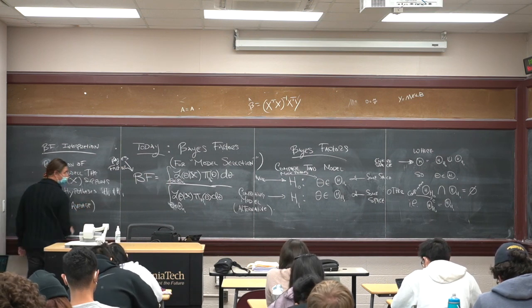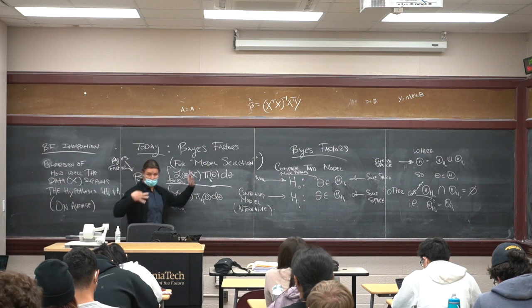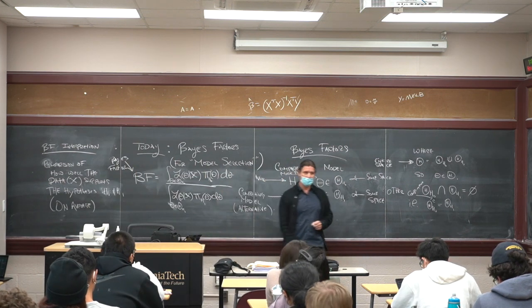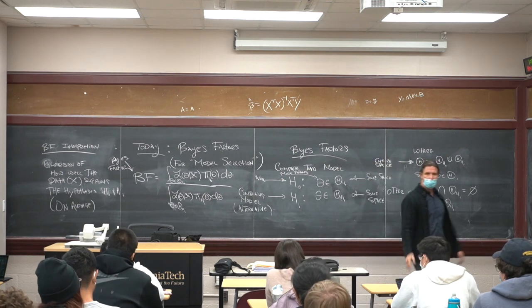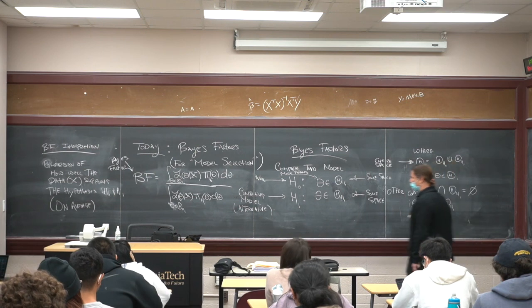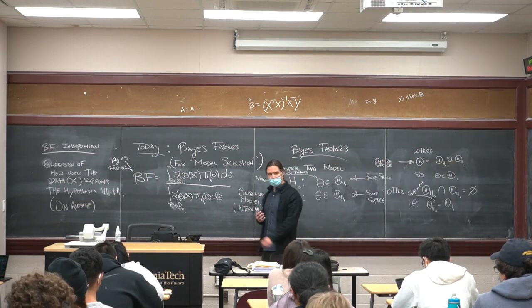So what you're really doing is averaging over the two different model classes and comparing them. So if this number was greater than 1, it'd be leaning in the direction of the null hypothesis. If it were less than 1, it'd be leaning in the direction of the alternative hypothesis.